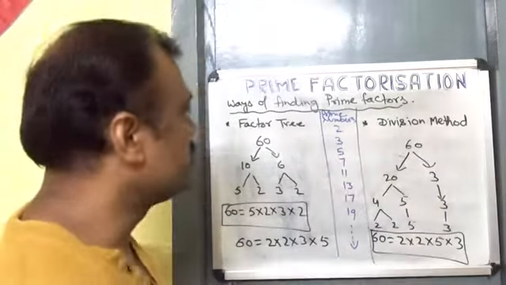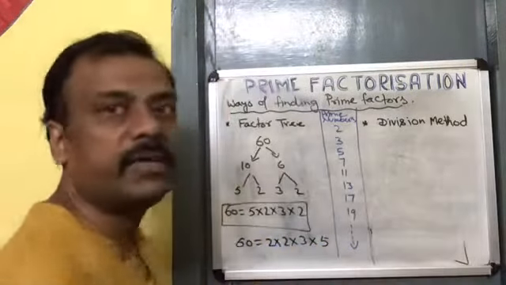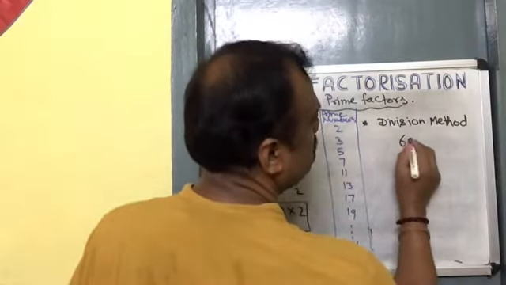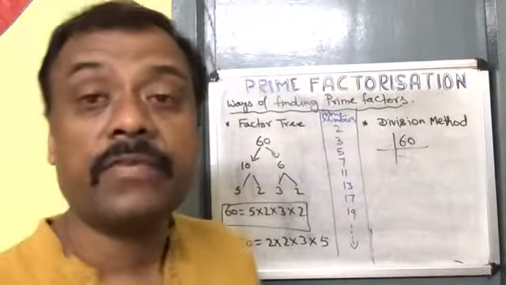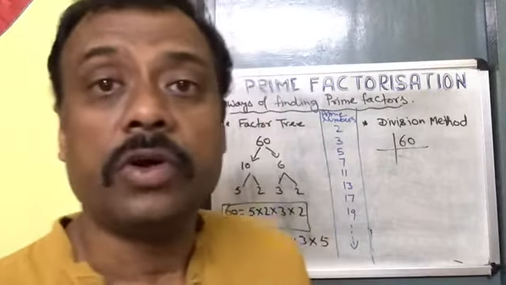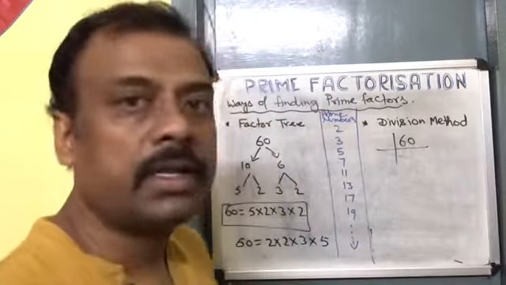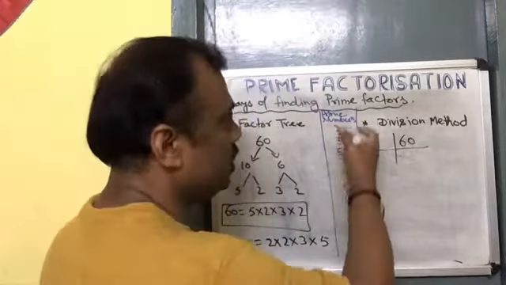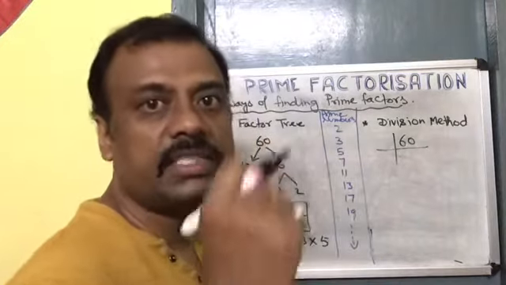Now let us discuss the same problem with the division method. For the division method we must know the divisibility criteria. For that you can go to my video on divisibility criteria. Here we will check whether the given number is divisible by prime numbers or not, and we will start from the least prime number.